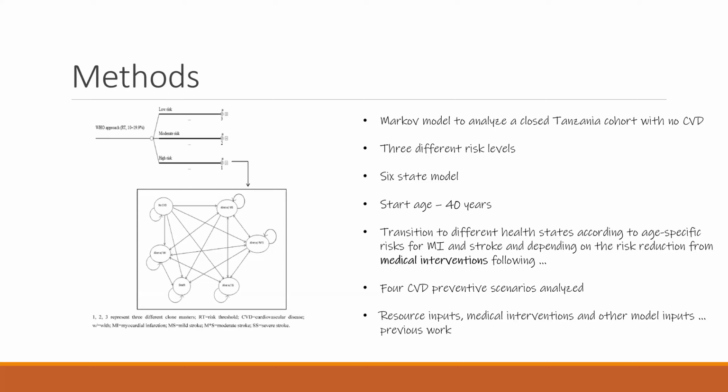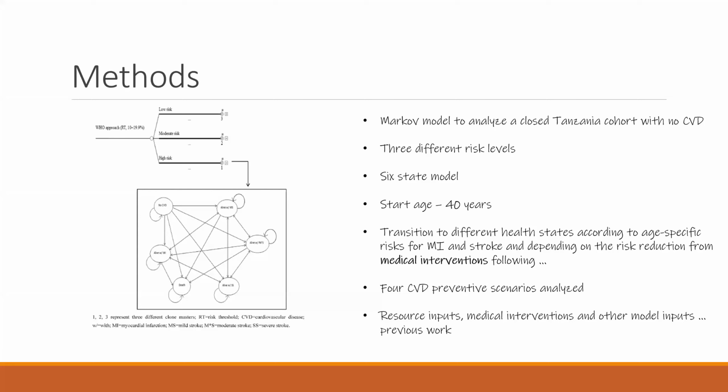They transited from no cardiovascular disease to mild, moderate, and severe stroke, and also myocardial infarction, and also a death state. The starting age was 40 years, and they transited according to the age-specific risk of myocardial infarction and stroke, depending on the risk reduction of the medical interventions.